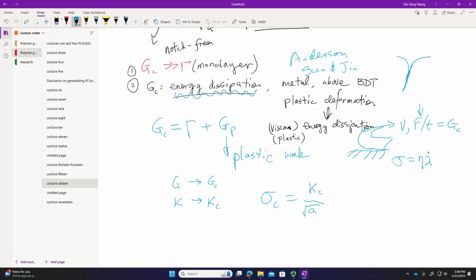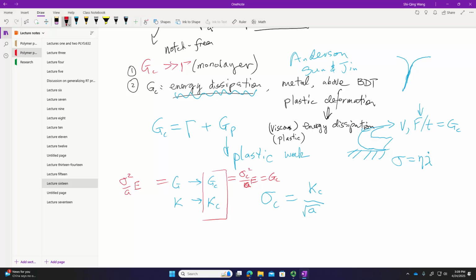So let me now stress this point. Open any textbook, we are happy to indicate, we have identified something called G. When G goes to GC, fracture occurs. And since we know the operational definition of G, then by definition you have sigma C times square root of E A as GC.